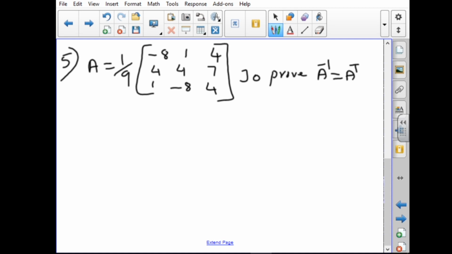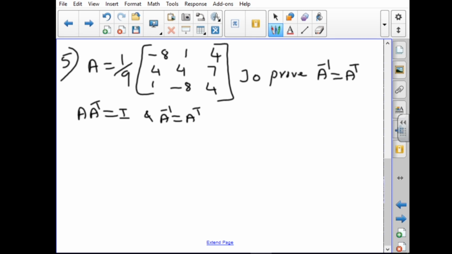So here we have a few results, that is, matrices are said to be orthogonal when A into A transpose is equal to I and A inverse is equal to A transpose. In these two cases the matrices are said to be orthogonal. So we have to prove that A inverse is equal to A transpose.